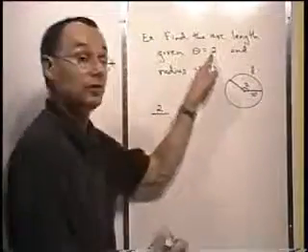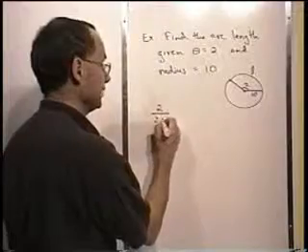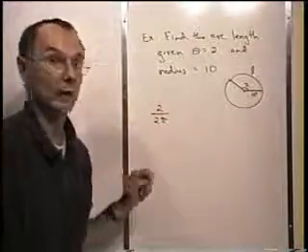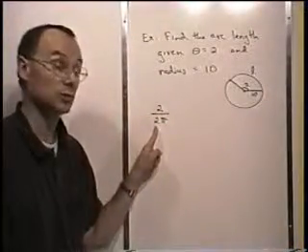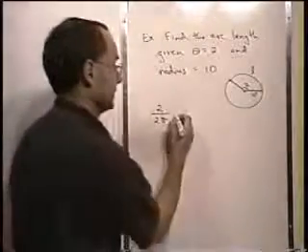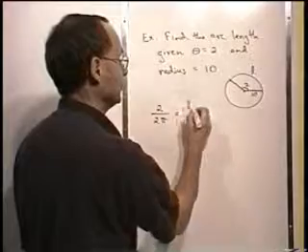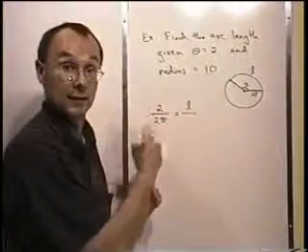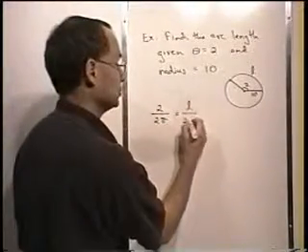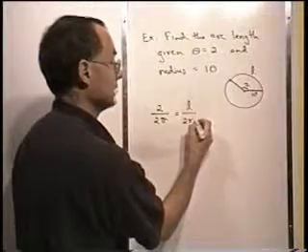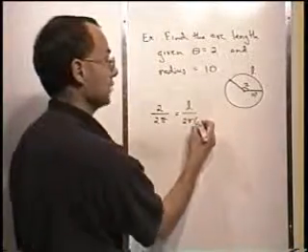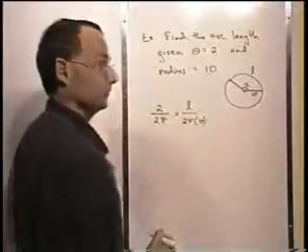Now, because this is in radians, I'm going to make that radians as well. So I'm not using 360 degrees, I'm using 2 pi. The next ratio will be arc length of the sector compared to arc length of the circle, which is 2 pi times the radius, and we know the radius is 10.